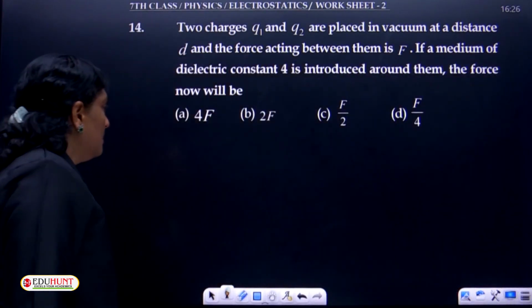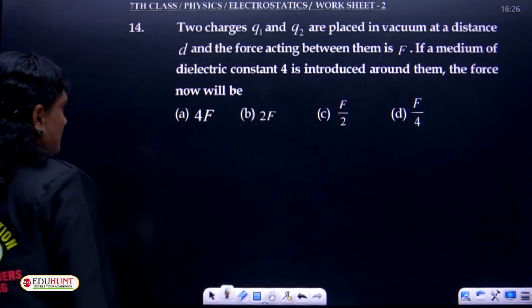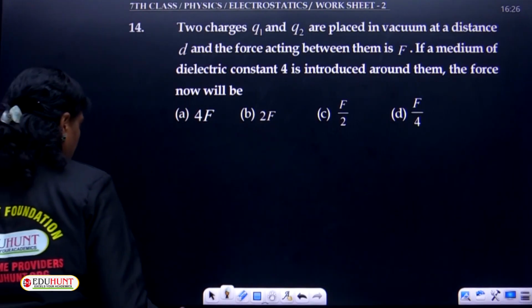So children, whenever a dielectric constant is being kept, let us discuss in detail regarding this.